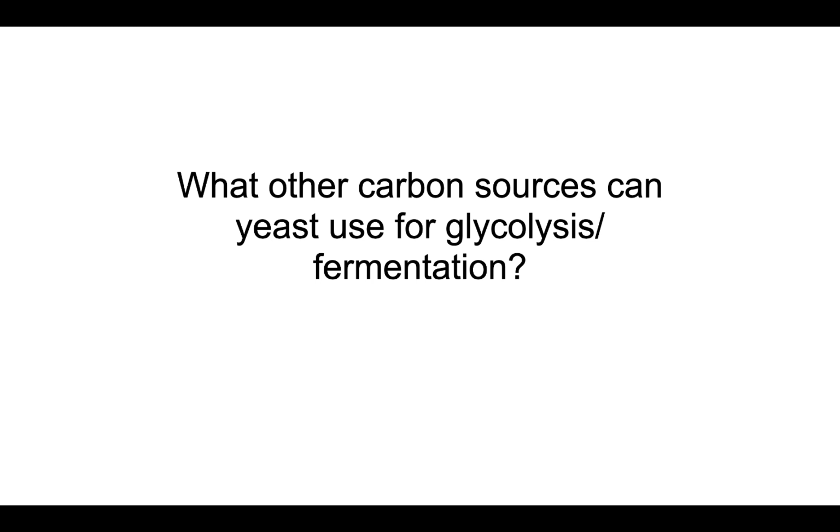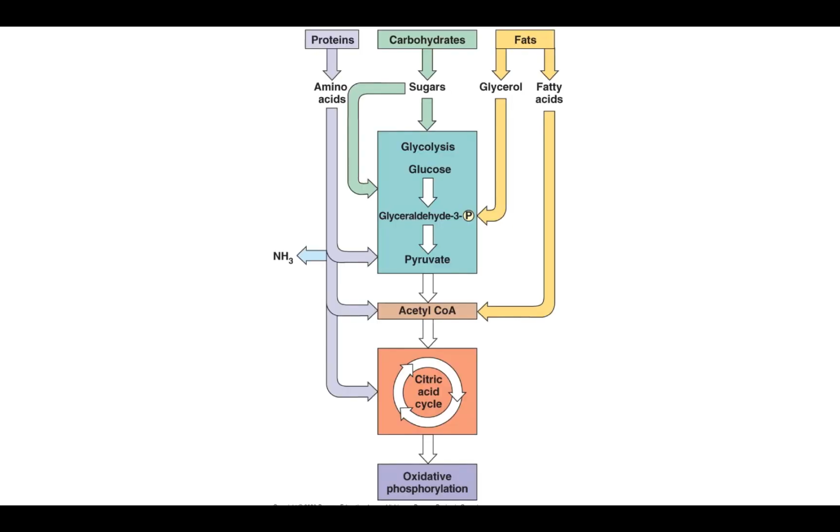Next, you're going to want to know, okay, we found out which of the carbohydrates yeast can ferment. The next question is, what about the others? What about proteins? What about fats? What about nucleic acids? Can yeast ferment those? Well, again, theoretically, there are enzymes that can convert proteins to amino acids to intermediates of the citric acid cycle.